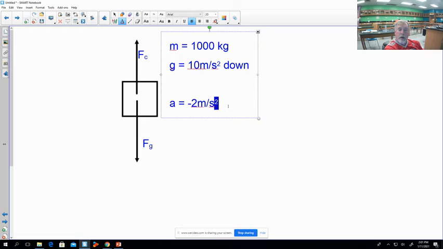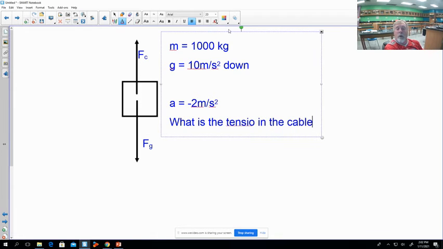And then finally, it's asking us, what is the tension in the cable? Or what's FC?